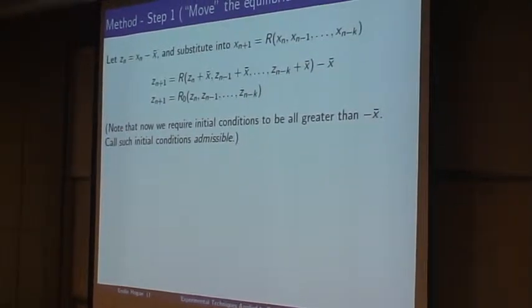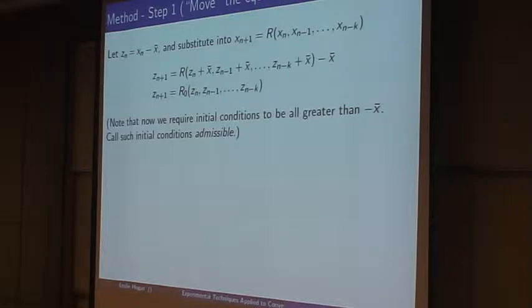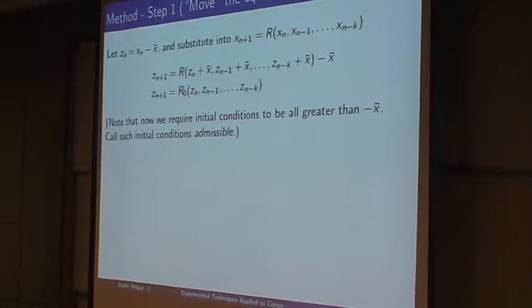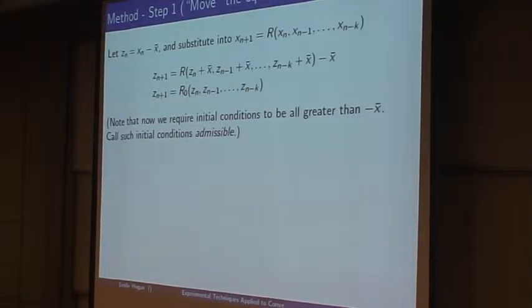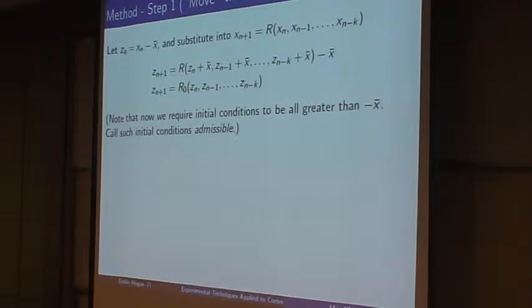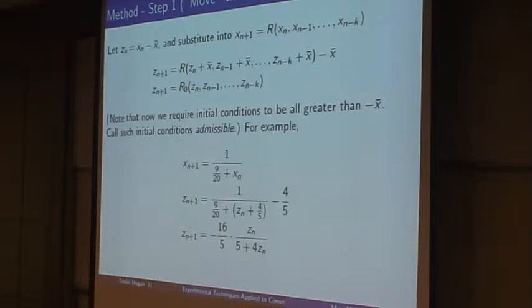All right, so first, I would prefer that the equilibrium be at 0, so that we always have the same value that we're converging to. So I'm just going to move the equilibrium to 0 by subtracting the x bar from each term in the sequence. And we can find then a new rational difference equation for this new sequence very easily. And here's the example.